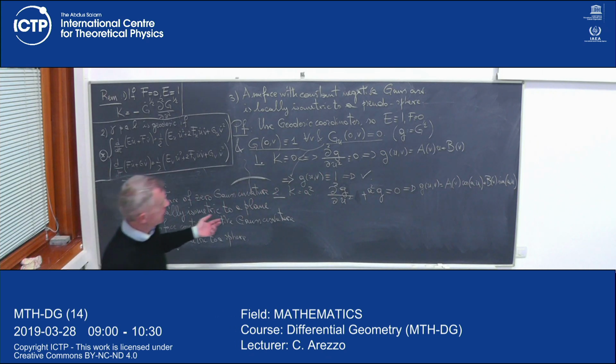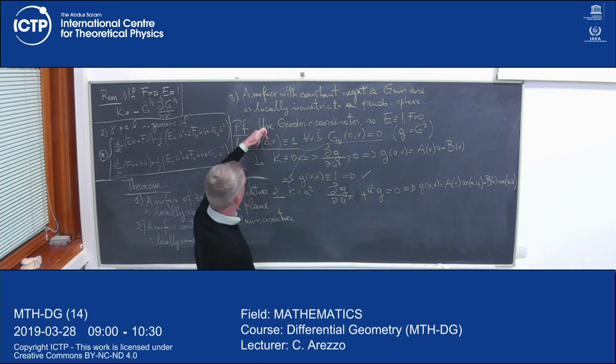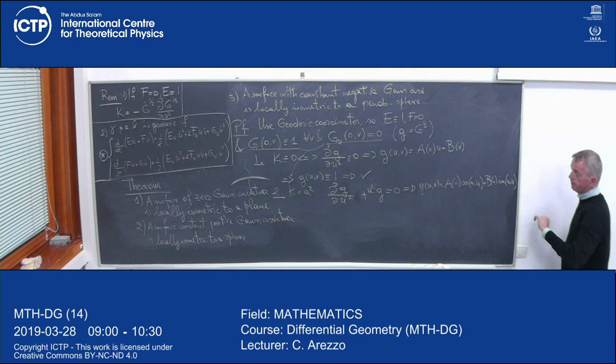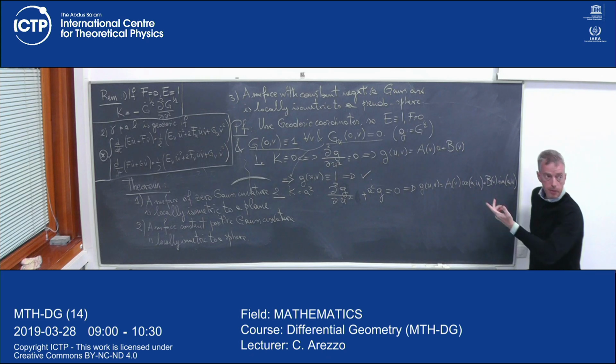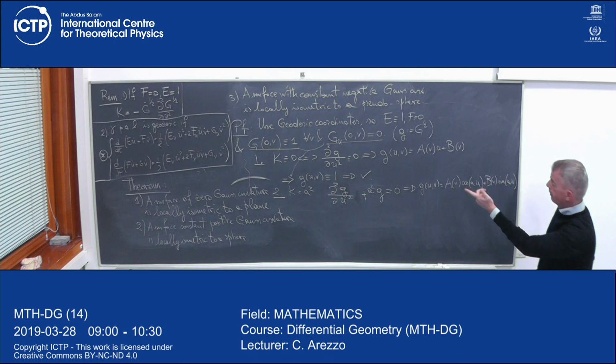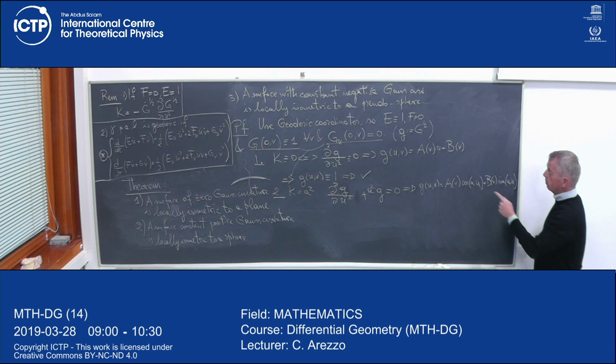Then again, I look at the effect of the two initial data on this function. For example, if I put u equal to 0, this becomes 1 and this becomes 0. So I'm left with a, and in particular this implies that a of v is equal to 1. Then I play the same game: I take the derivative with respect to u, being a bit careful about taking the square root, and I find out also the coefficient.